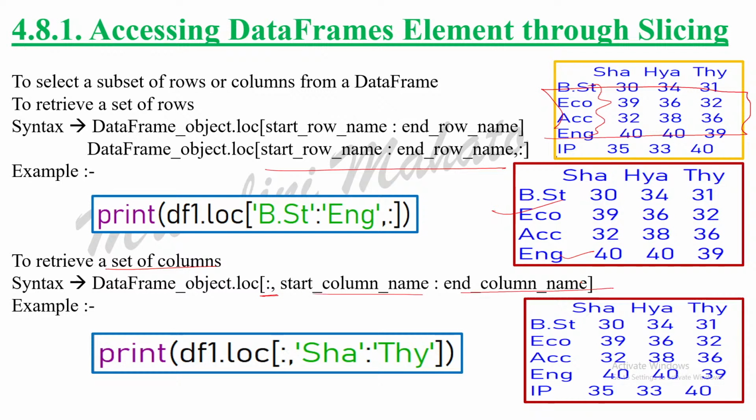For example, colon comma sa to thi. I want all the data from sa to thi, so that is why sa to thi is all displayed. So this is how to fetch a set of columns and how to fetch a set of rows. You understand that one.